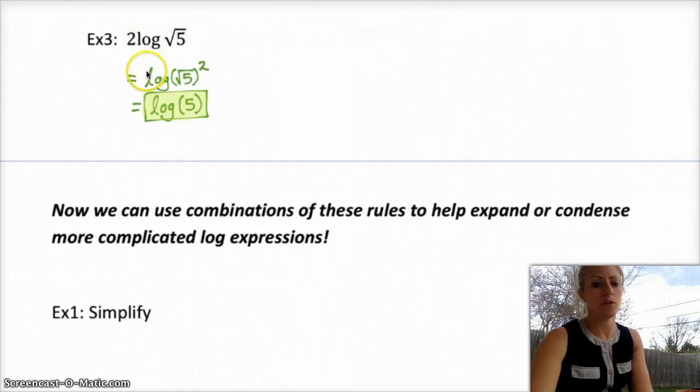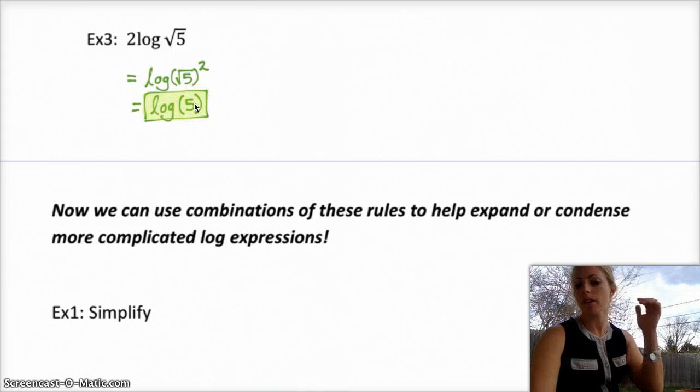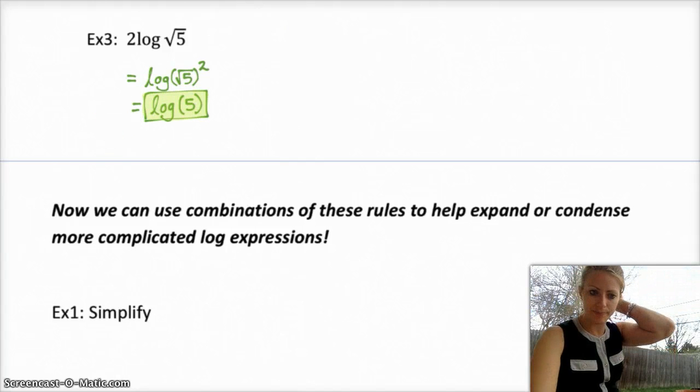Because it's multiplication in front of the log, you bring that up as an exponent, so it's on the stuff inside the log. So root 5 raised to the 2nd power. That's log of root 5 squared, and the square root squared is just 5. So log of 5 is your final answer.